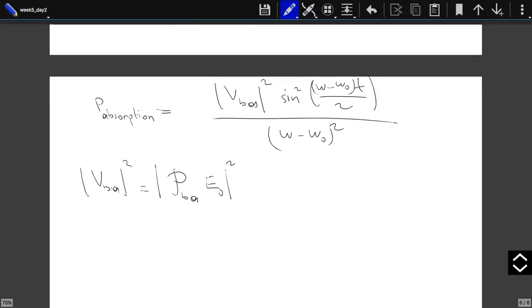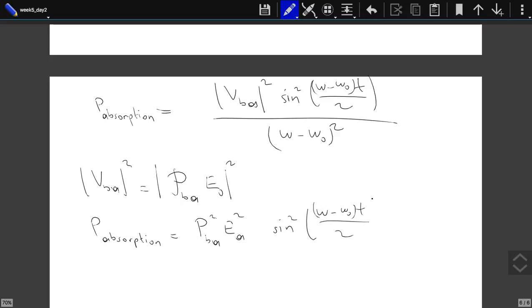So the absorption probability is proportional to P_BA squared E0 squared sine squared of (omega minus omega 0) t over 2, divided by (omega minus omega 0) squared.